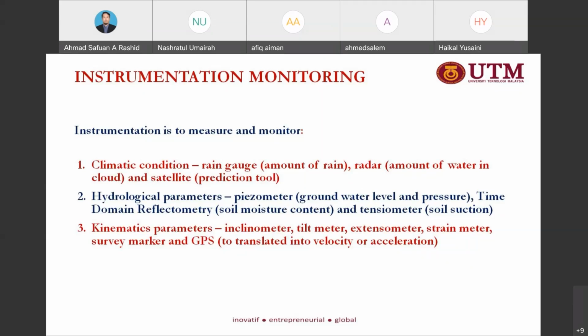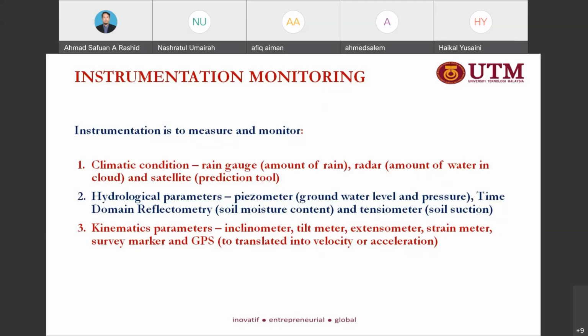So for the climatic condition, we may use a rain gauge, to capture the amount of rain at a certain area, or by using a radar, to determine the amount of water in cloud, and the last thing is by using a satellite, to predict when the rain will fall at that particular area.